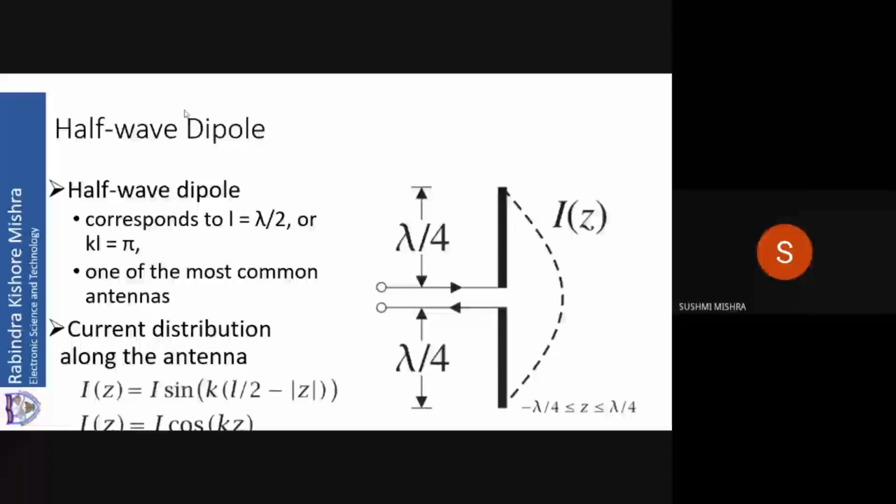Depending on which book you are following, you can take one of these. I will prefer the upper one, or I rewrite the lower one as the upper one, and I will do the analysis accordingly. Now, once we know the current distribution, our aim is to find the field.